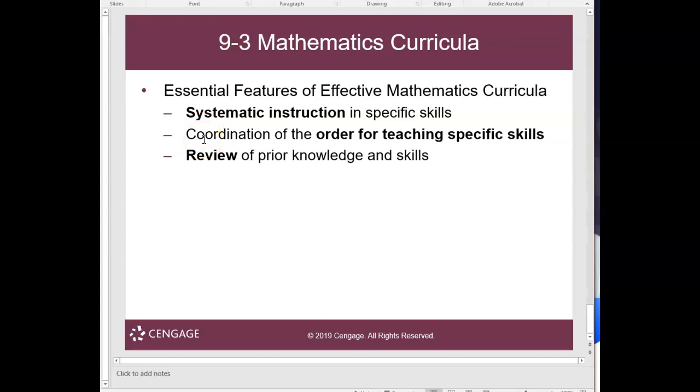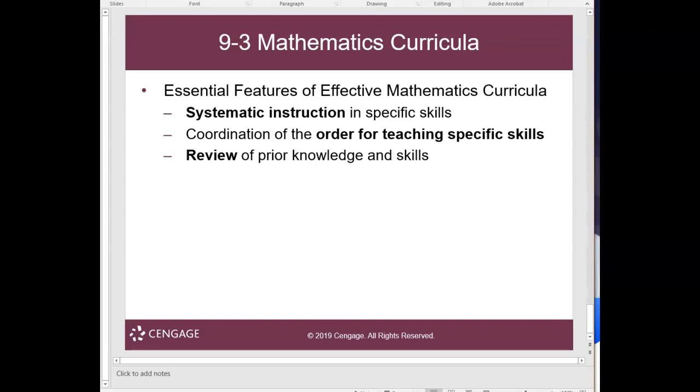And when you get into our math class for your program, we will talk a lot more about explicit instruction. But you want to think about systematic instruction in specific skills. Systematic, excuse me. Okay, so coordination of the order for teaching specific skills, including prerequisites and co-requisites.